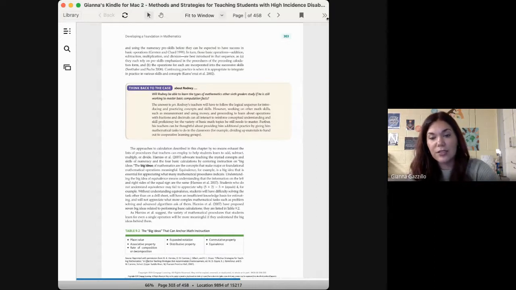Then it just discussed the big ideas that anchor math instruction, and that's place value, the associative property, rate of composition or decomposition, expanded notation, distributive property, equivalence, and commutative property. It says these just make the major foundational mathematical operations meaningful.